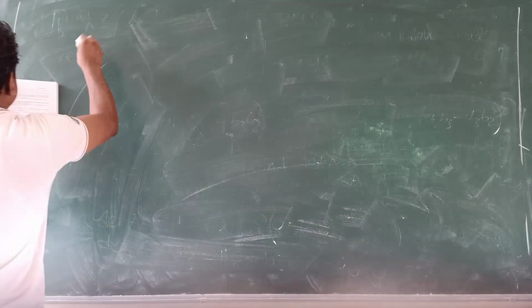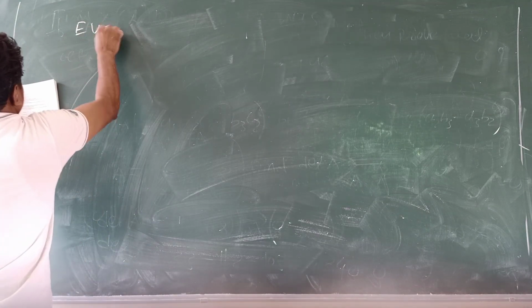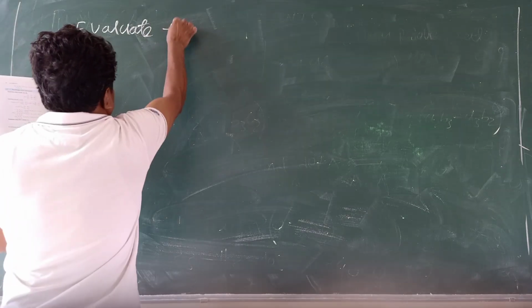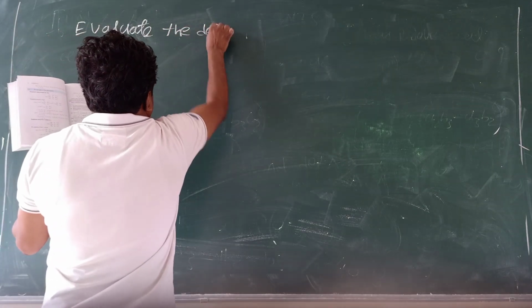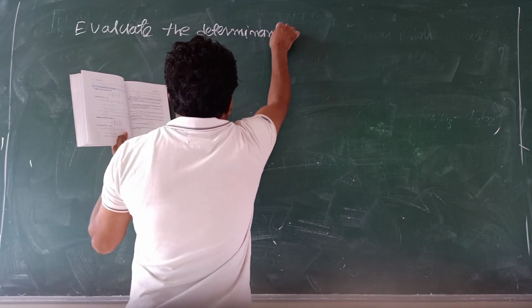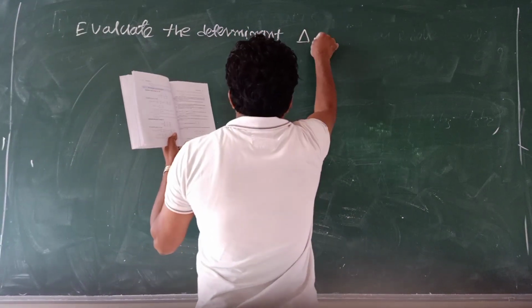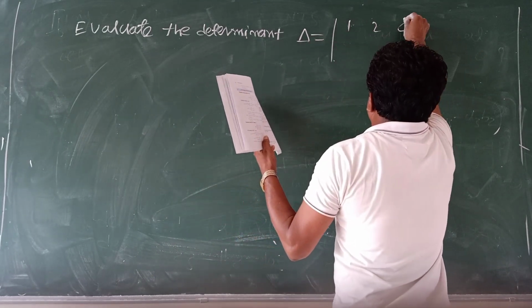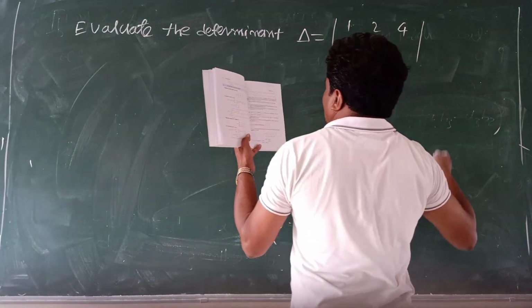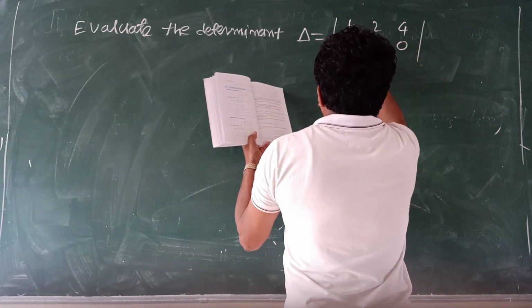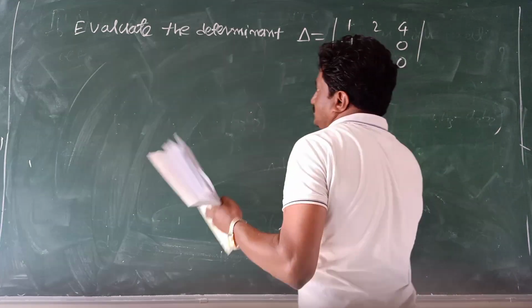Evaluate the determinant. Delta equals |1 2 4; -1 3 0; 4 1 0|.